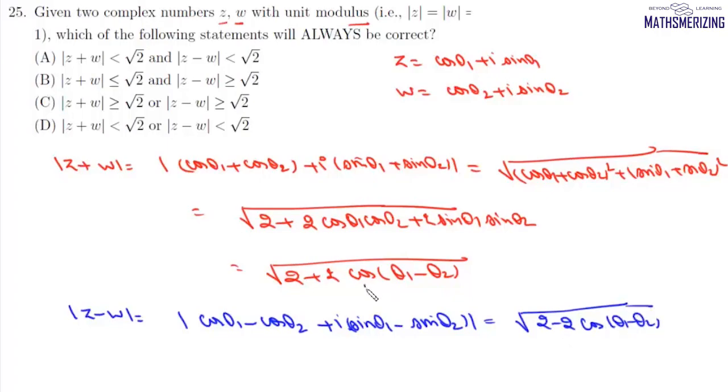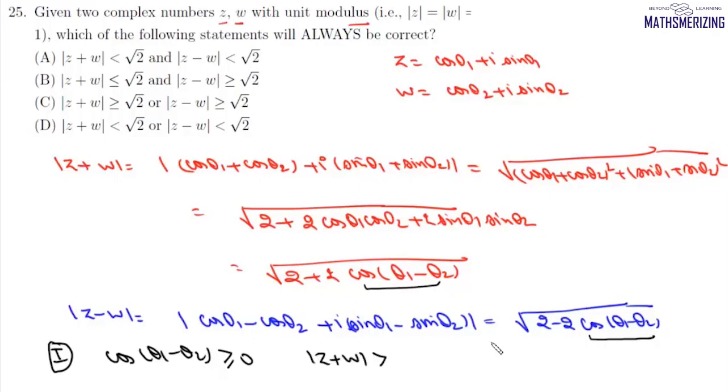Now the value of cos of theta 1 minus theta 2 can be either greater than 0 or less than 0. If we take the first case, when the value of cos of theta 1 minus theta 2 is greater than or equal to 0, in this case mod of z plus w will be greater than or equal to root 2, and mod of z minus w will be less than or equal to root 2.